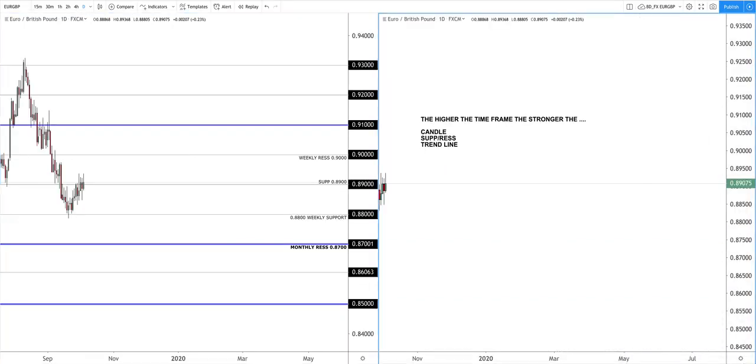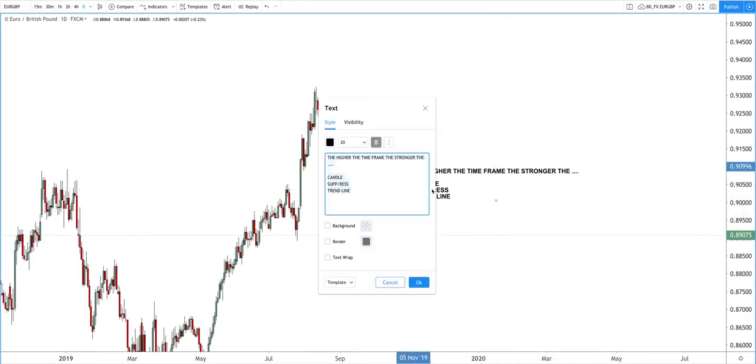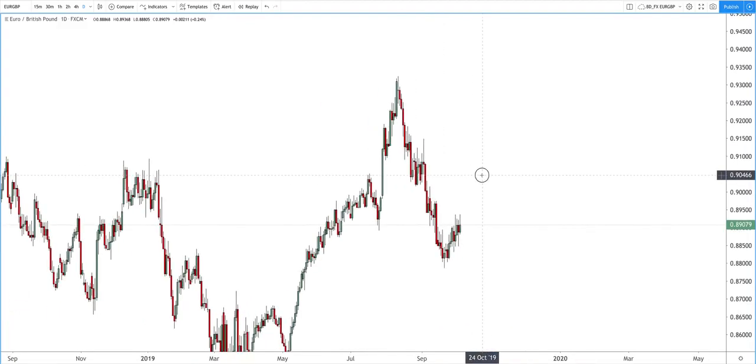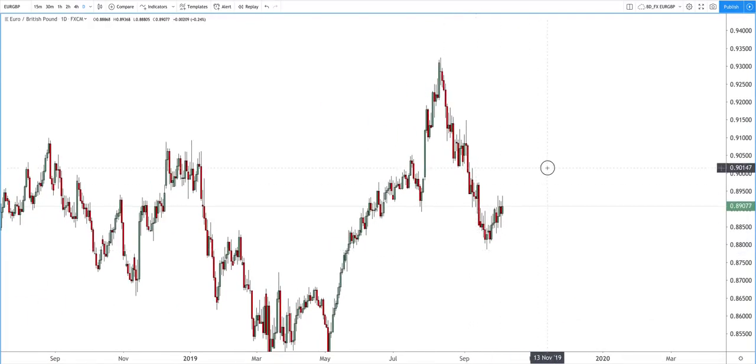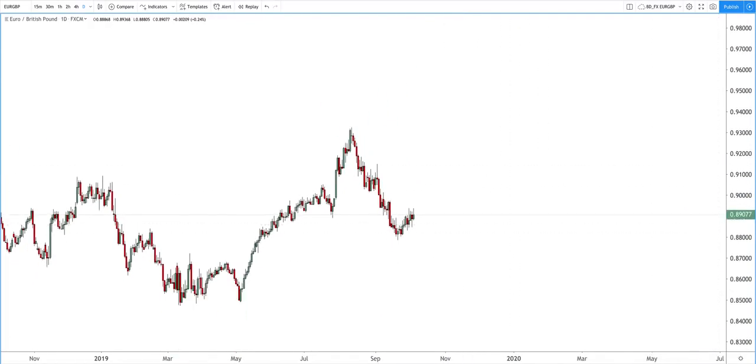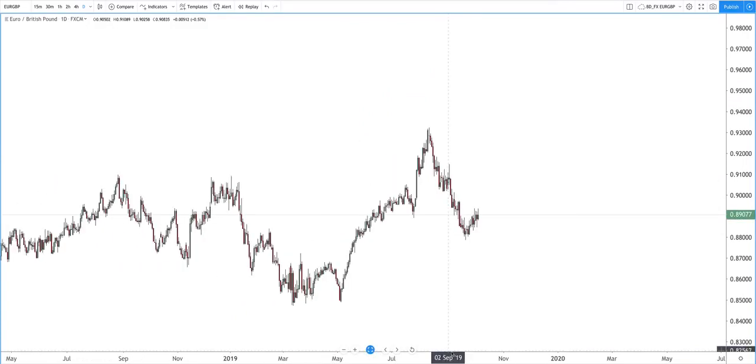But the higher the time frame, what we're looking at here is the stronger the candle, or what we're looking at today. So when we're looking at candlestick recognition and we're looking at candle formations and so on, as explained, on a daily time frame is the higher the time frame, the stronger they are.